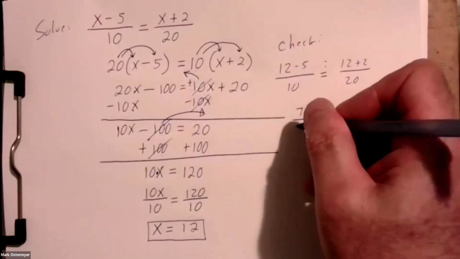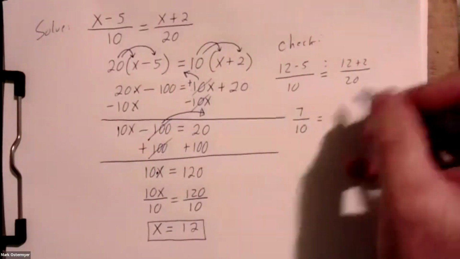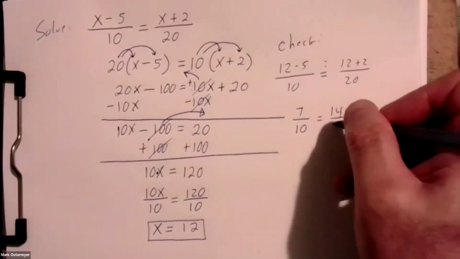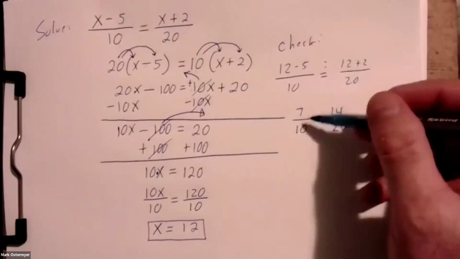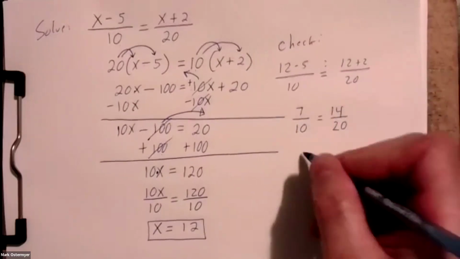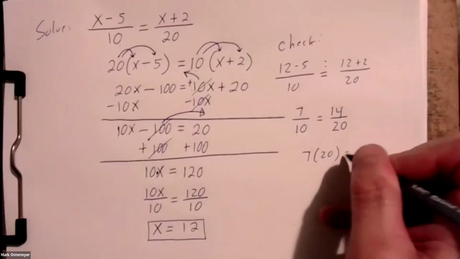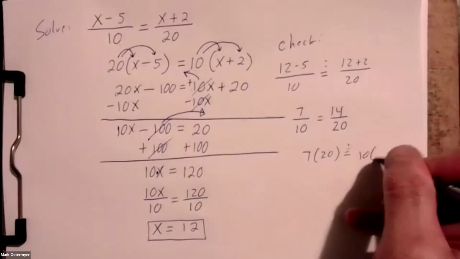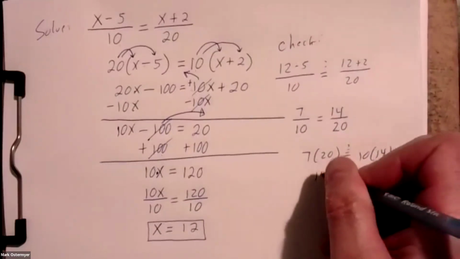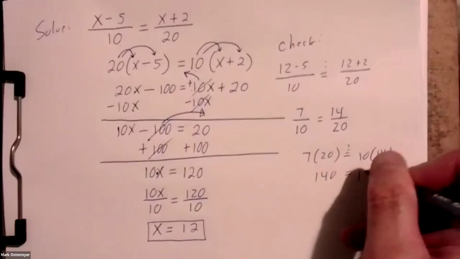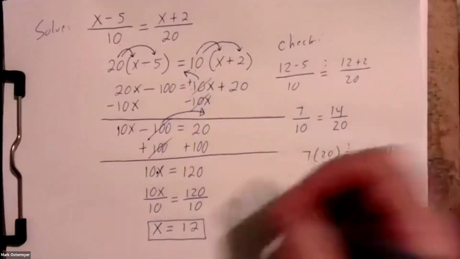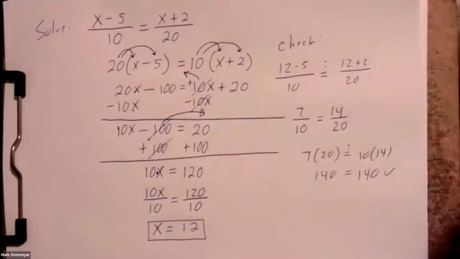Is 7 over 10 equal to 14 over 20? You can look at the cross products now. 7 times 20. Is that equal to 10 times 14? And you bet it is. Therefore, we do have a valid proportion. So 12 is your solution to that proportion there. Any questions how we got that?